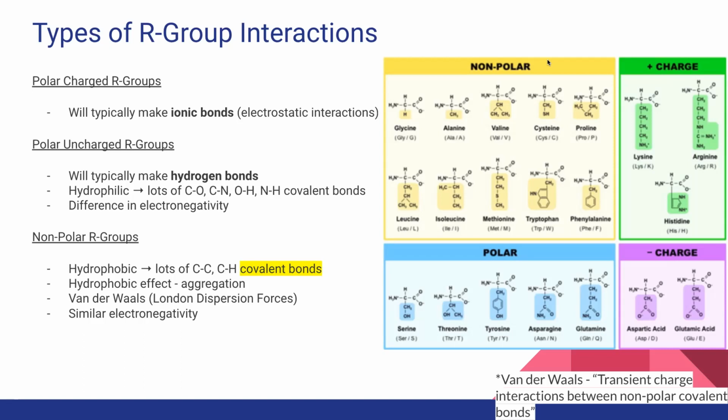How do you define van der Waals? How can we tell if it's van der Waals? You mentioned covalent bonds for non-polar R groups. Van der Waals interactions happen when nonpolar R groups come in close proximity to each other.